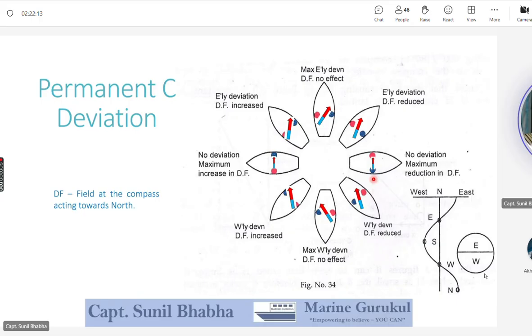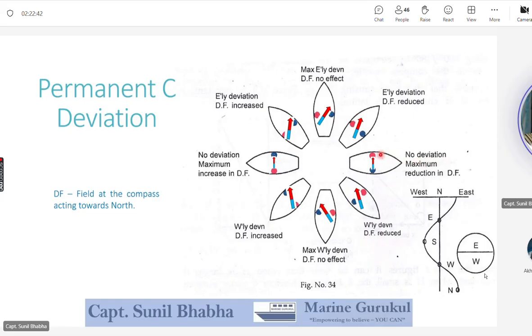Since these poles are exactly in line with the magnetic field of the Earth, they will not be able to generate any deviation at all. Deviation can only be generated when the poles are at some angle to the Earth's magnetic field or to the compass needle. So in this case, no deviation is generated, which is why it is mentioned here, no deviation.